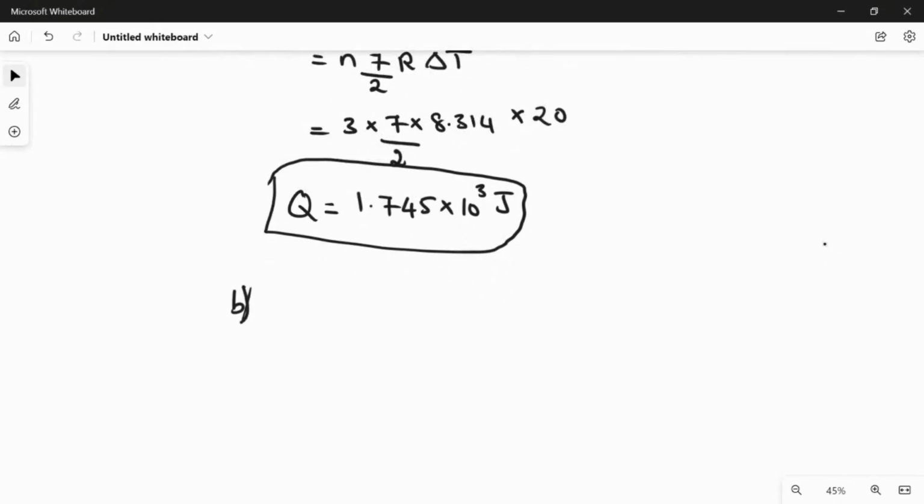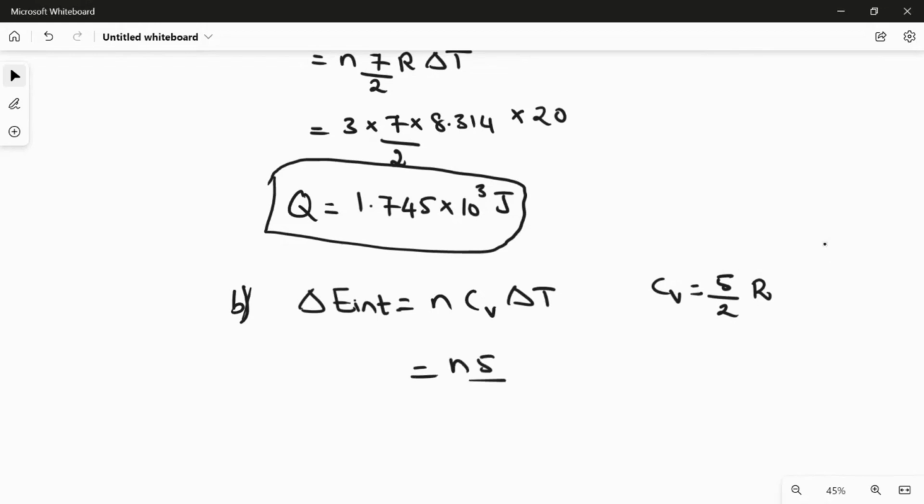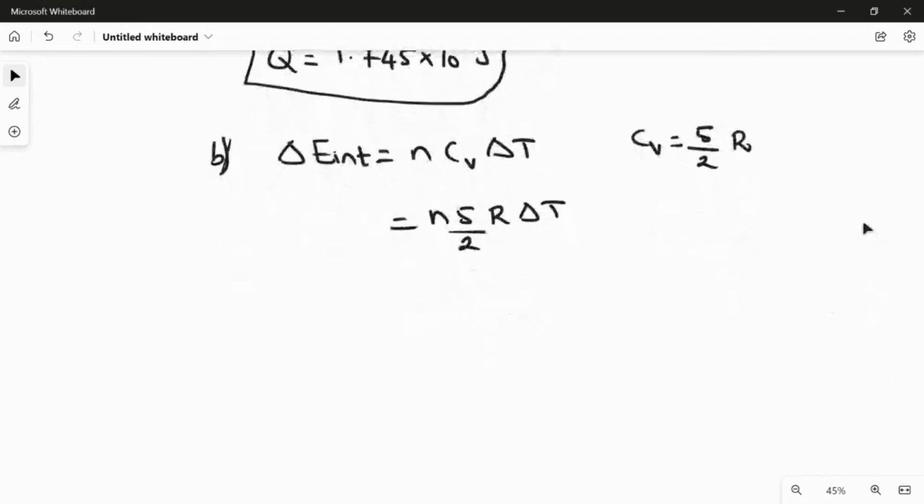As we already studied in the theory, the change in internal energy is given by n Cv delta T, where Cv for the diatomic gas takes the value of 5 over 2 times R. So this equation becomes n times 5 over 2 multiplied by R times delta T. Substituting the values: n is the number of moles, which is 3, multiplied by 5, the gas constant is 8.314, and the change in temperature is 20, over 2.